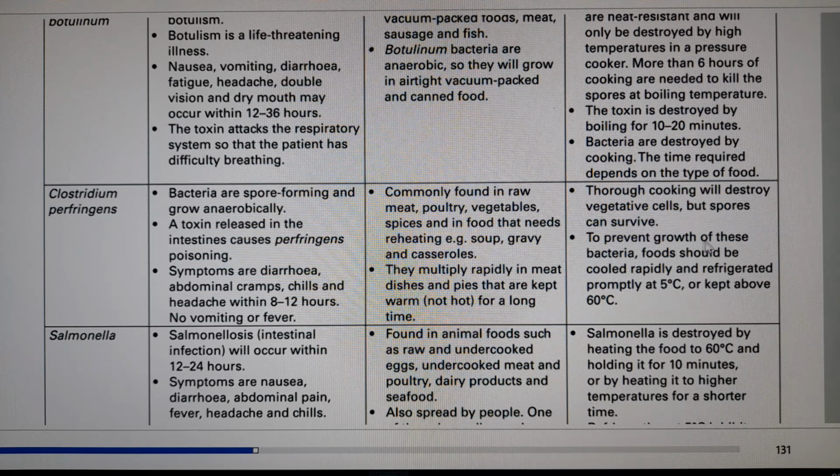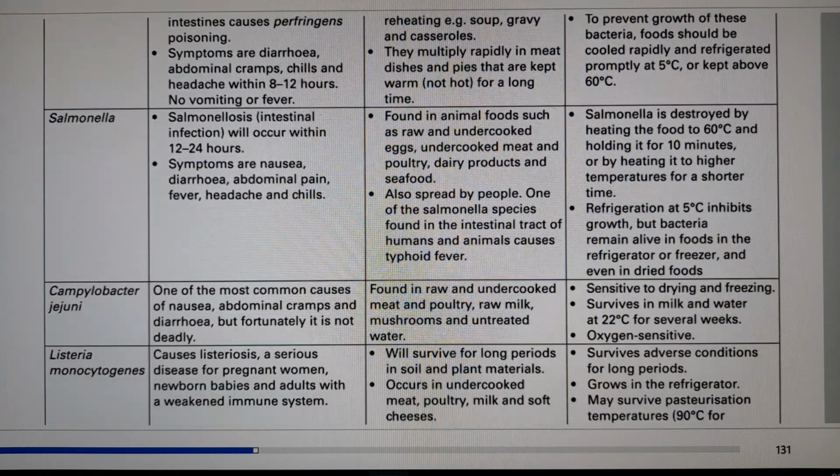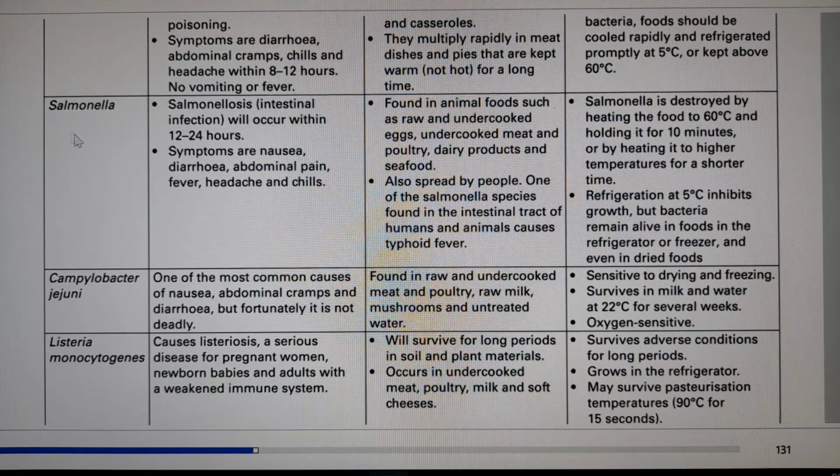To prevent growth of this bacteria, foods should be cooled rapidly and refrigerated promptly at 5 degrees Celsius or kept above 60 degrees Celsius. And the next one, which is common, I've heard of this word before, it's salmonella.